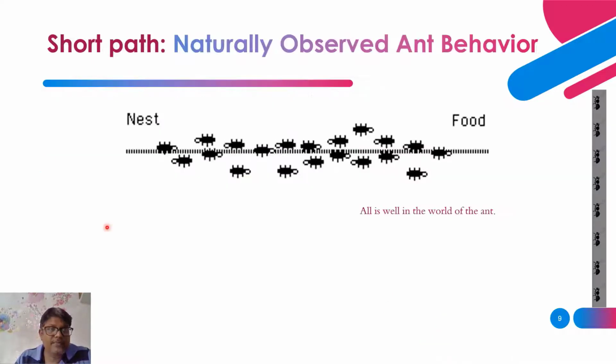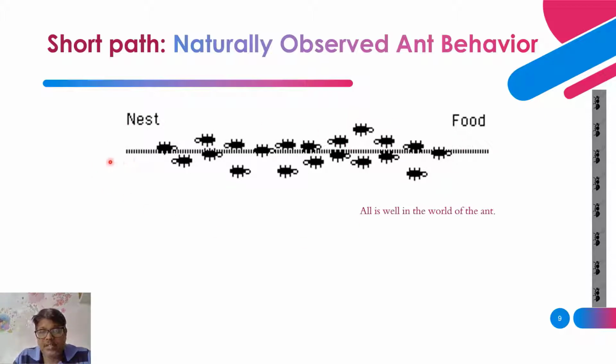Before getting to more details, we'll take a small story of how the shortest path happens, from naturally observed ant behavior. Everyone would have observed this in their lifetime. From nest to food, the ants follow a line.